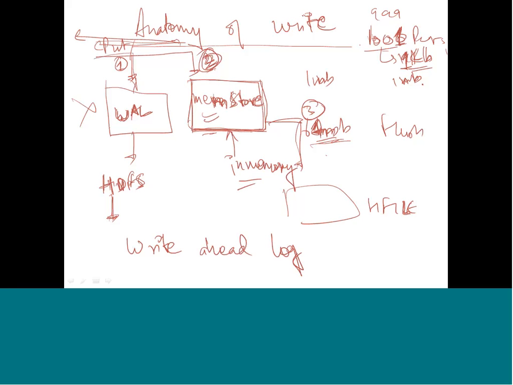Let us say that JVM crashes for whatever reason. That means you would lose all the data which has been put into this memstore. Correct? Where are you going to recover the data from? WAL file.